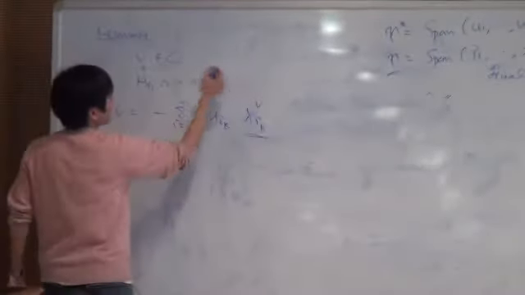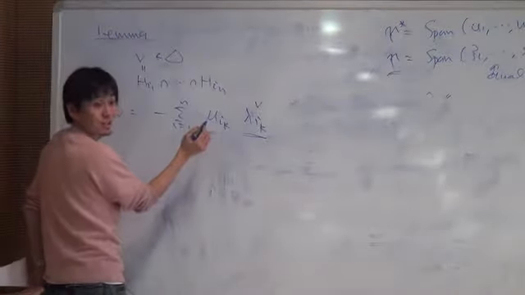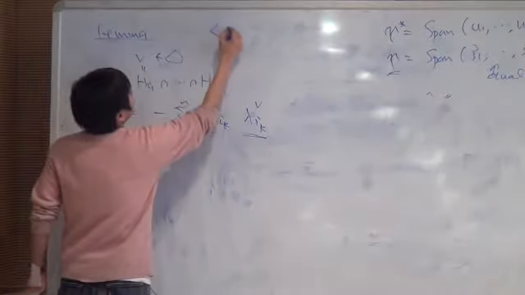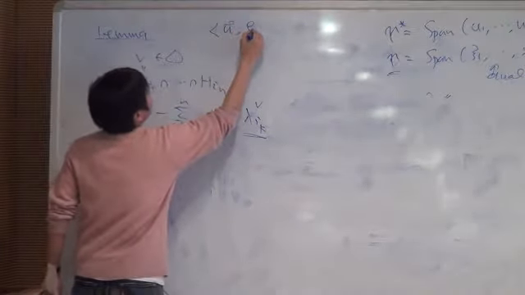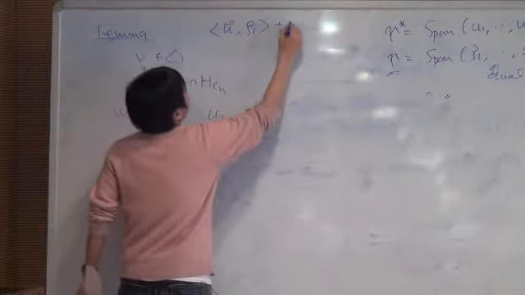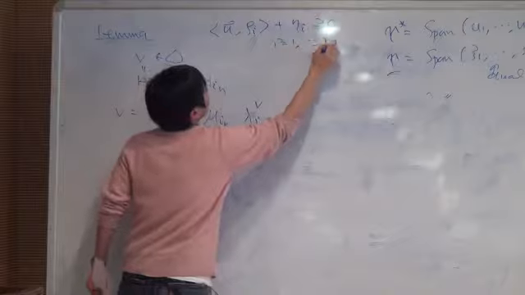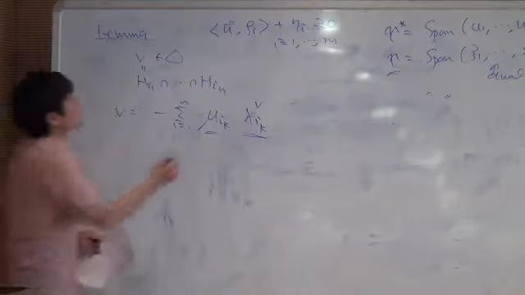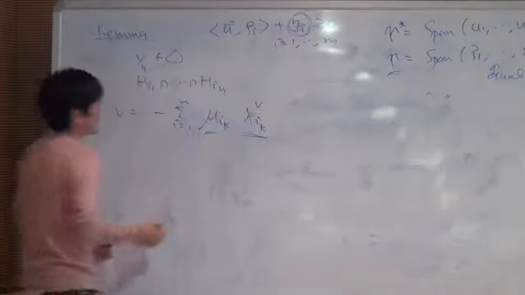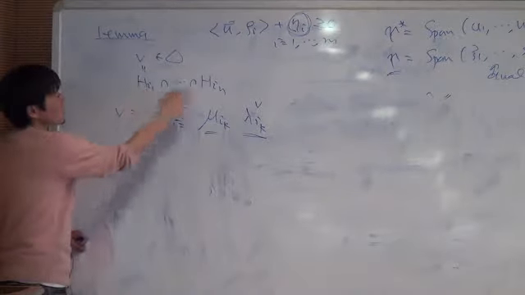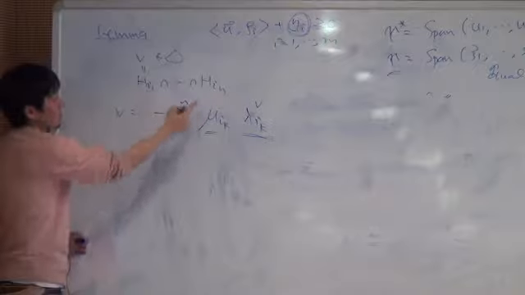Sorry, I forgot. So remember, the mu's are the important data to define a polytope, right? A polytope is defined by these linear inequalities. Okay, this eta_i. So V is given by those facets, i1 through in.